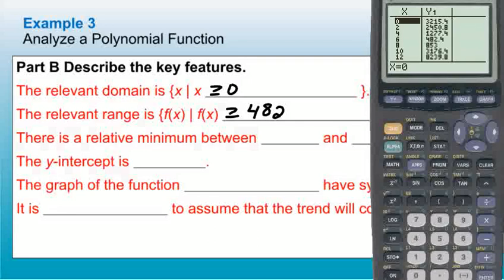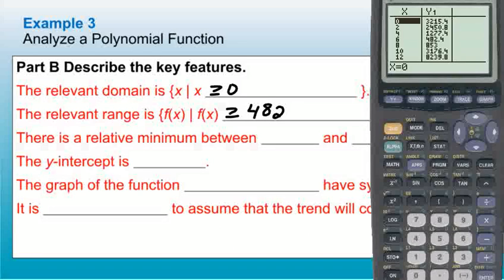There's a relative minimum between which two points. So the low point. So it goes from 32 to 24 to 12 to 4 to 8. So we would have a relative minimum between which years. So this is the years since 2005.